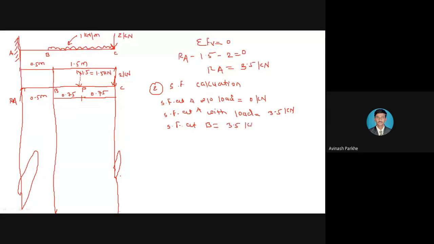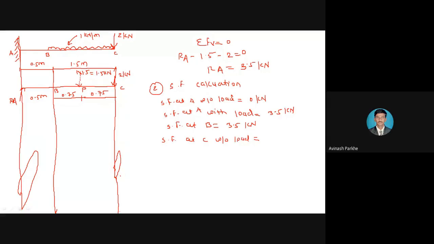Then after point B, don't take the SF calculation at point P. This point P we have used just for indication purpose, that is UDL is converted into the point load. So after the point B, directly you have to take the shear force at point C. But at point C, again the point load is there, so we have to take two conditions. SF at C without load: tell me how many forces are present to the left side?